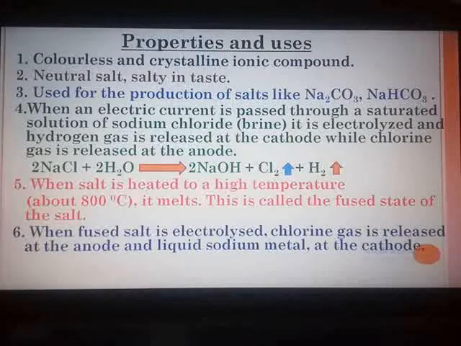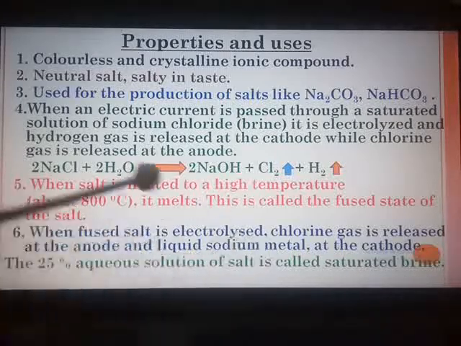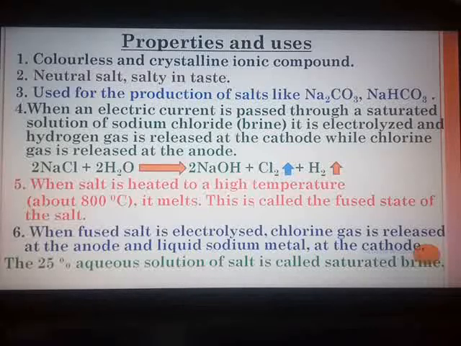What is NaCl? It is a combination of sodium and chlorine. So when this fused salt is electrolyzed, you will find chlorine gas at the anode and liquid sodium metal at the cathode. And finally we see what brine is. A 25% aqueous solution of the salt is called saturated brine.